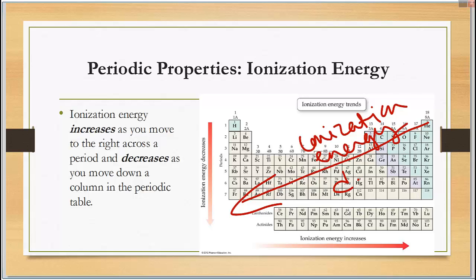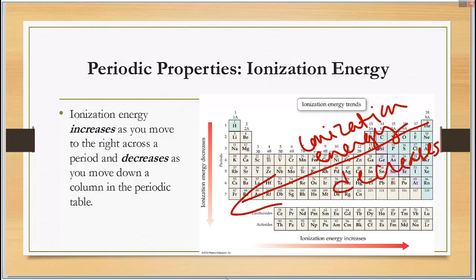So it decreases as you move away from the upper right, to the lower left. That's because the electrons are getting further and further away from the nucleus, and therefore there's less of a pull to gather more electrons.